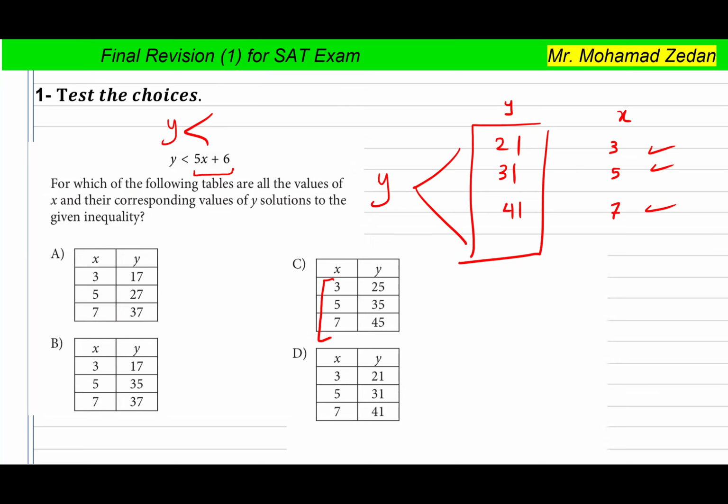It's easy. It's A. It's A because 17 smaller than 21, 27 smaller than 31, even 37 smaller than 41. So this one is easy to decide even without using Desmos or any other additional helpful means here. Okay?